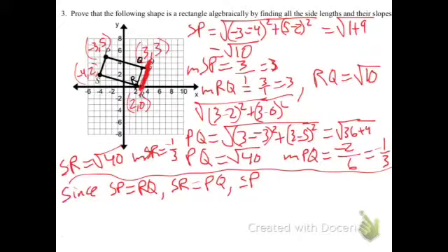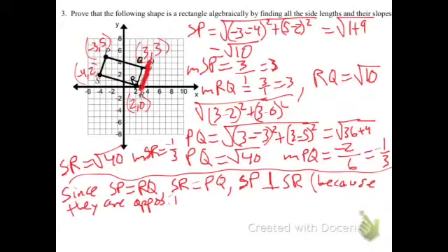SP is perpendicular to, that's what that little symbol means, SR, and I'm going to put here in parentheses because they are opposite reciprocals.